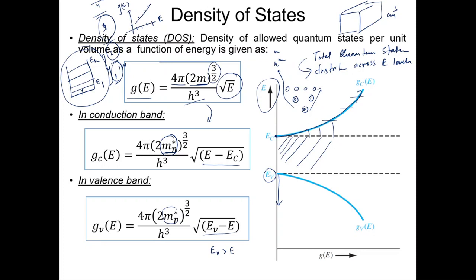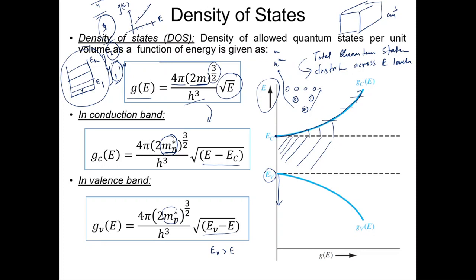You can also think of this in the case of a particle bound in a crystal lattice. You remember we solved the Schrodinger equation for the hydrogen atom, and we calculated all the quantum numbers and quantum states. As the quantum number n progresses from 1 to 2 and 3 and 4, the number of quantum states available increases. For n equals 1, you could occupy 2 states. For n equals 2, you could occupy more than 2 states. For n equals 3, even more than the previous, and so forth.